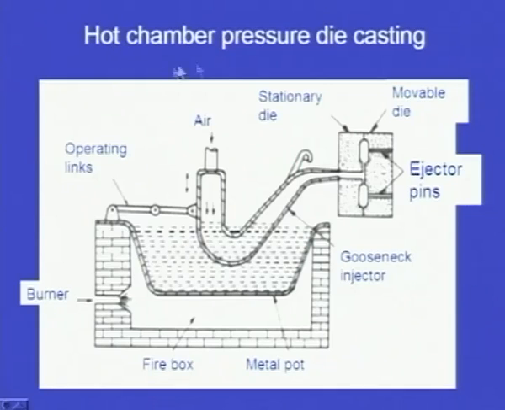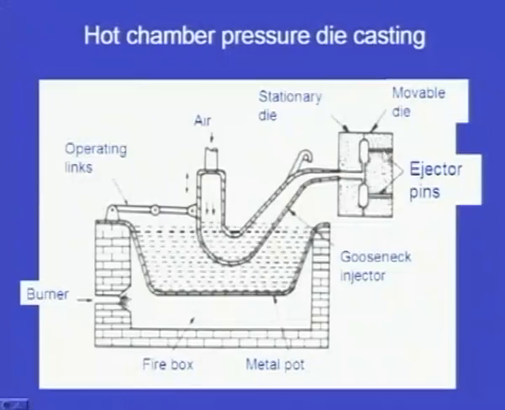Here let us see the hot chamber pressure die casting machine. The important feature of the hot chamber pressure die casting system is that the furnace is an integral part of the system. The furnace will not be outside the system.